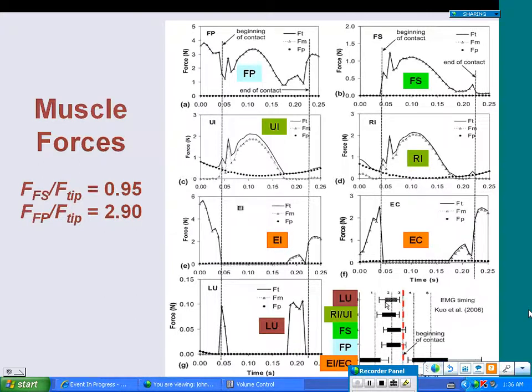One interesting thing I will show you is I marked here the beginning of contact. All the EMG data was seen well before the contact. Before you apply the force, the muscle is already activated. However, in the force measurement, we will see only after contact, the muscle carries the force.